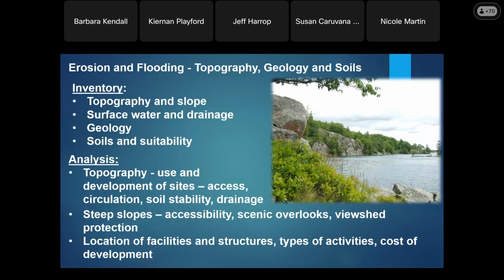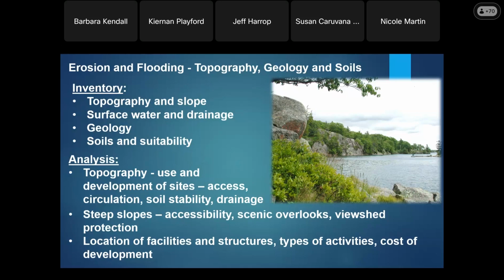Geology can affect a site or areas suitable for certain types of development. So data on soil types in combination with topography can indicate areas that may be prone to erosion, which would be important to discuss in the LWRP.